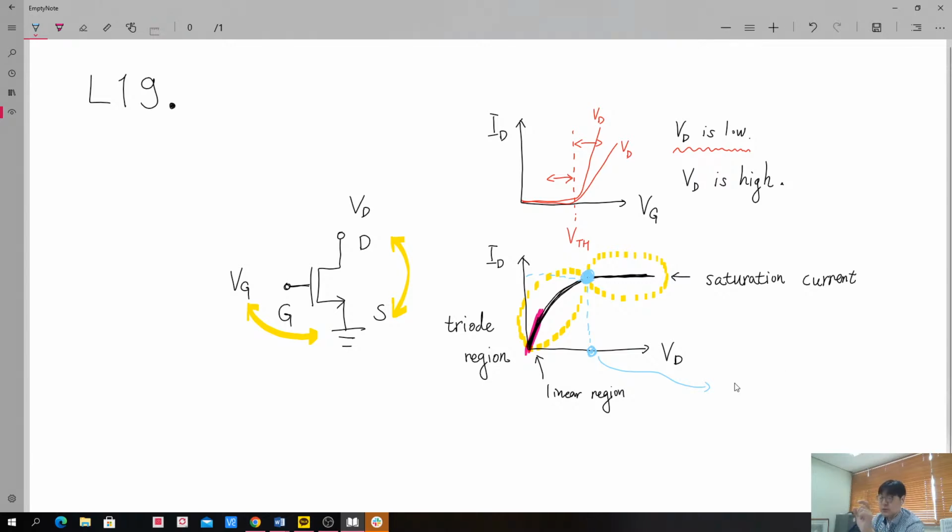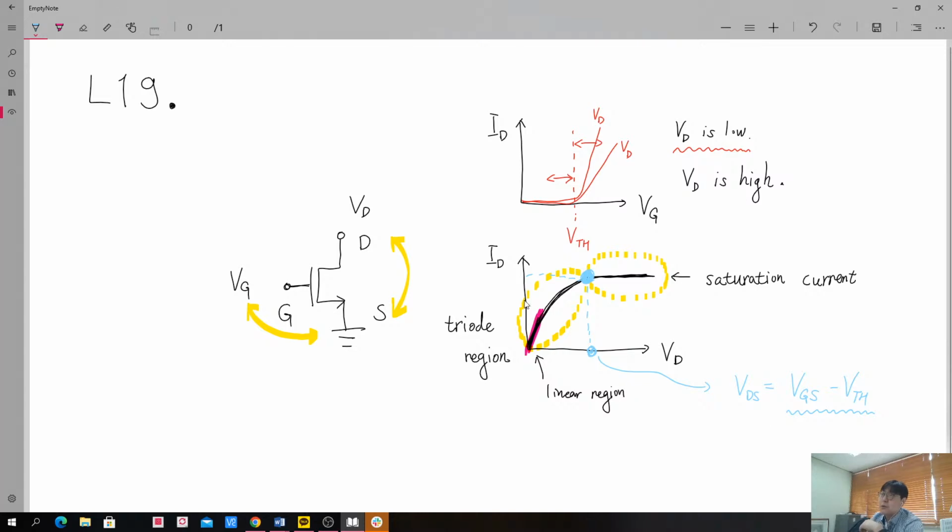And this condition was, if you remember correctly, Vds is Vgs minus Vth. Now usually this number, the difference between gate voltage and threshold voltage, is the excess voltage to turn on our transistor, or actually this amount of voltage is effectively used to drive or collect our electrons.